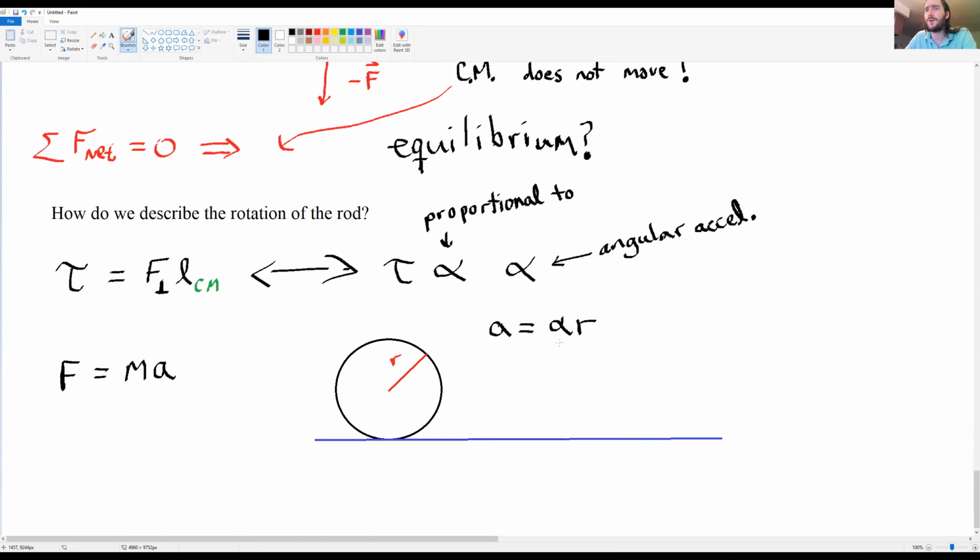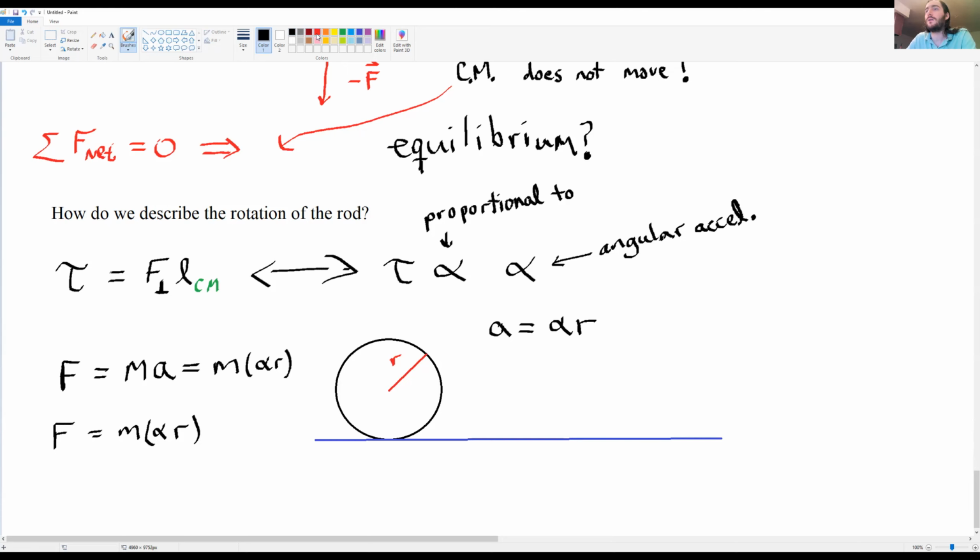So what I want to do is replace a with alpha times r. So m times alpha times r here. And then write this equation again as F equals m alpha r.